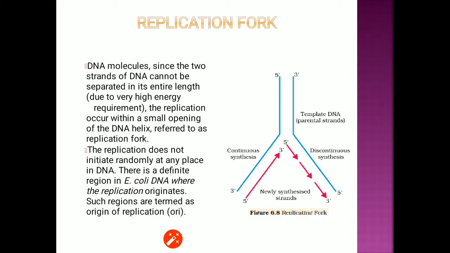And if the parent template is 3' to 5', then both are in a perfect direction. That means both have a perfect polarity, because they will be complementary to each other as well as anti-parallel.